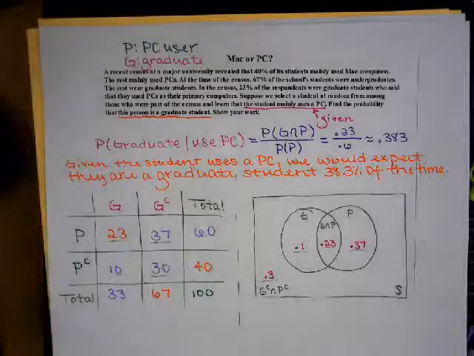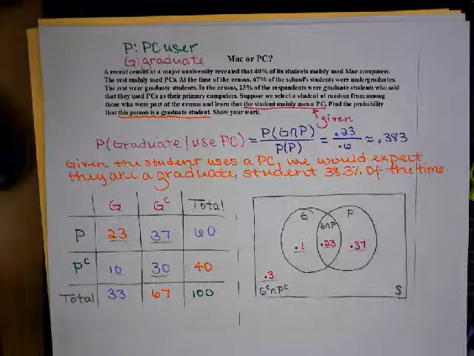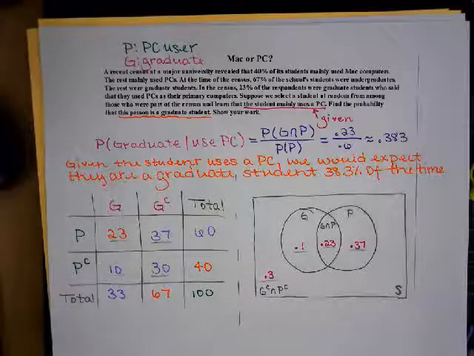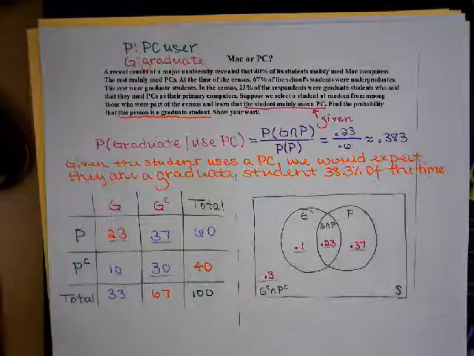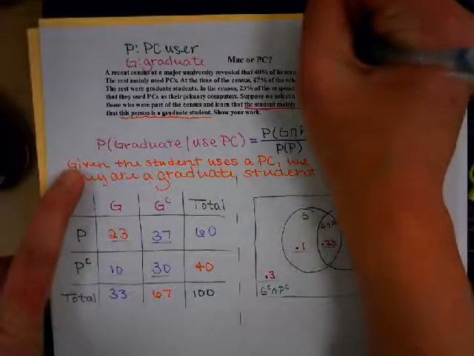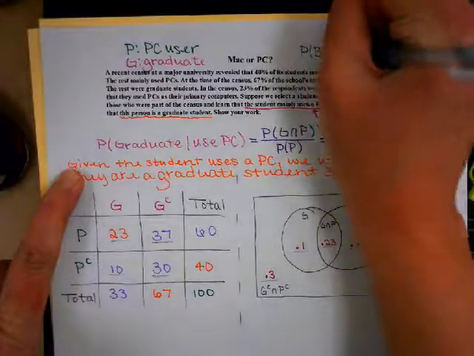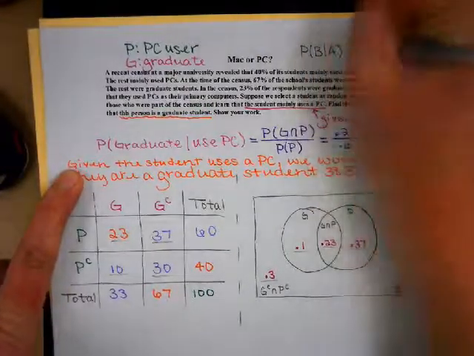So the conditional probability formula is B given A, comes from the probability of A and B divided by the probability of A. The bottom is always your given.